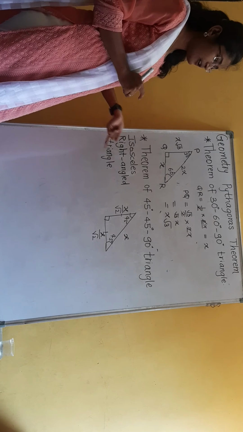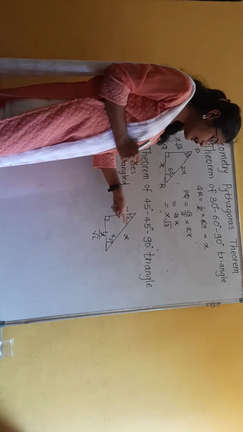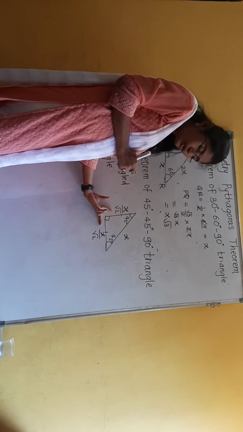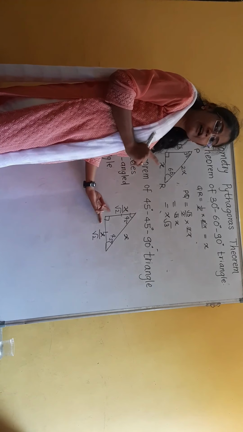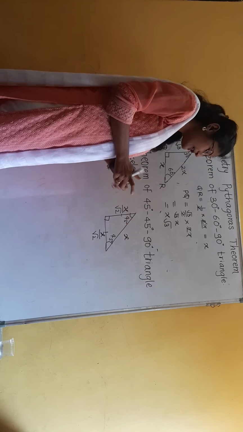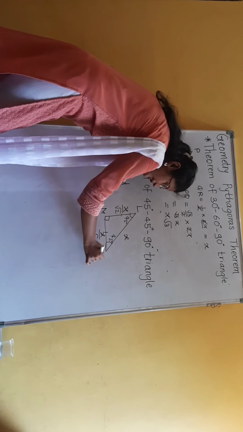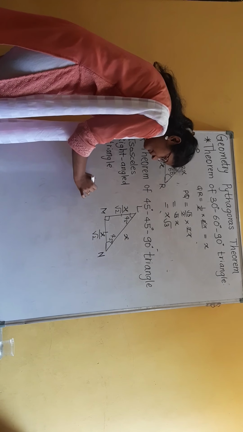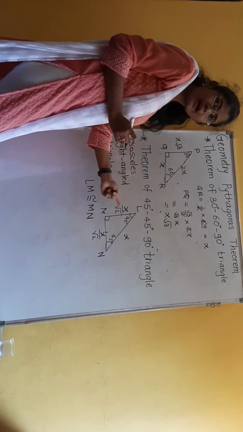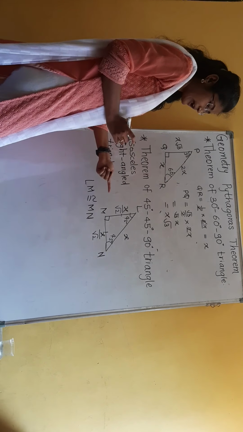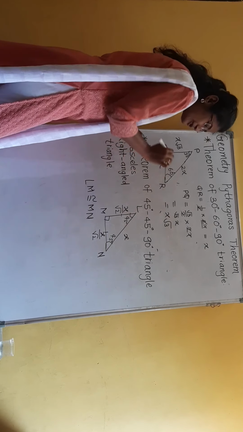In an isosceles right angle triangle, that is a 45 degree triangle, the length of the two equal sides, that is two congruent sides, is equal to 1 by under root 2 times x. Here L, M, N. So here LM is congruent to MN because this is an isosceles right angle triangle, and the given hypotenuse equals x.